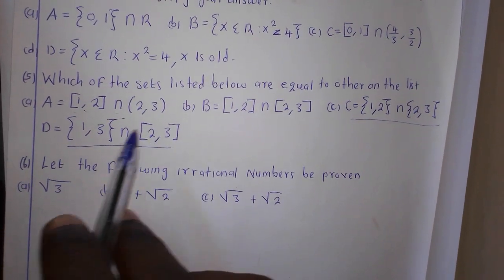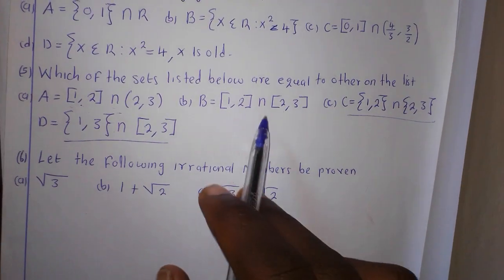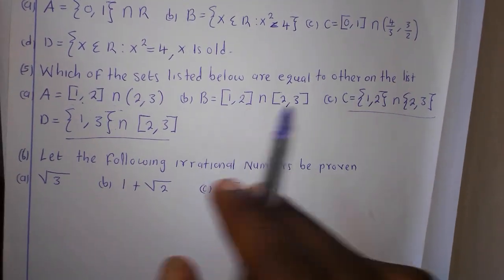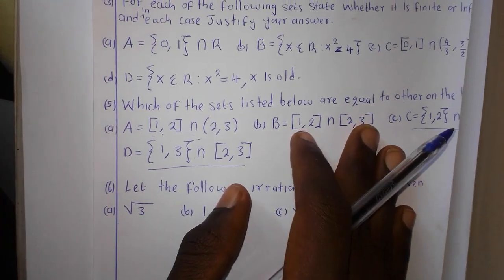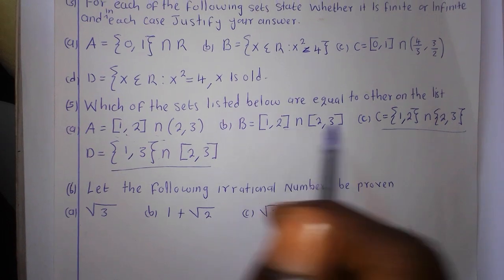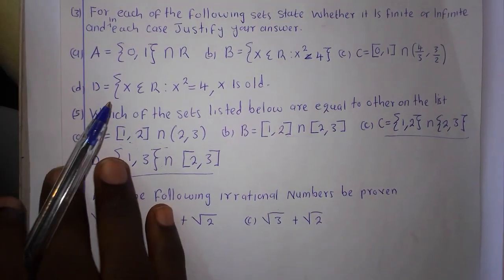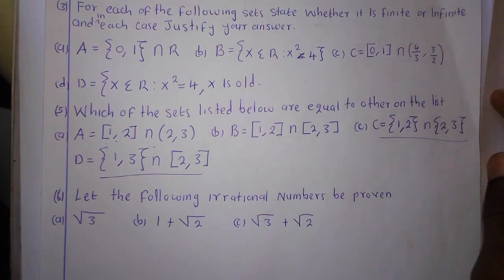So you discover that this one is this and this, if I'm not mistaken. In this one by explanation, they might be equal. Just do the needful, and if you find that in here the number of elements we have is 1, in here the number of elements we have is 1, then those sets are equal. But I want to do the last part, at least so that you'll be able to learn something.